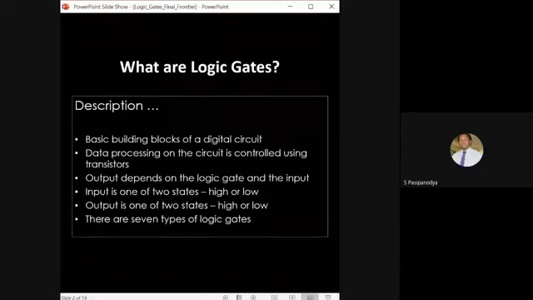What do you think exists out there? Yes, Prince? The NOT gate. What other gate exists out there?